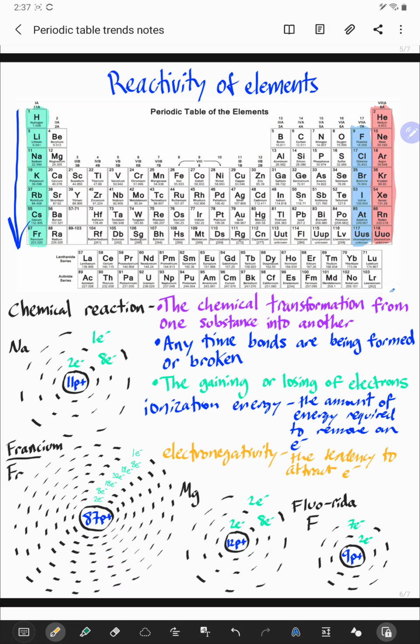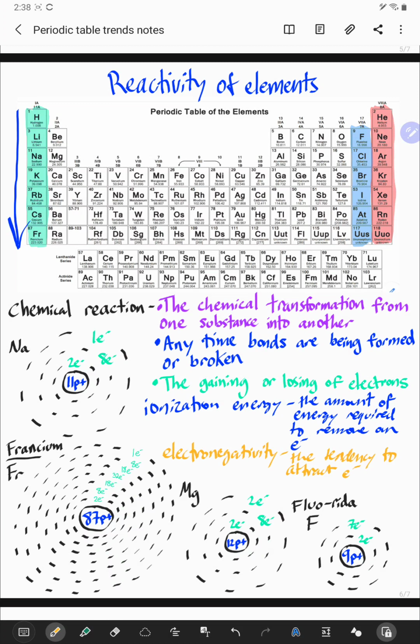So they want to gain an electron, so therefore they want to attract electrons. So whatever element is going to attract electrons the most is going to be the element that is going to be the most likely to react.